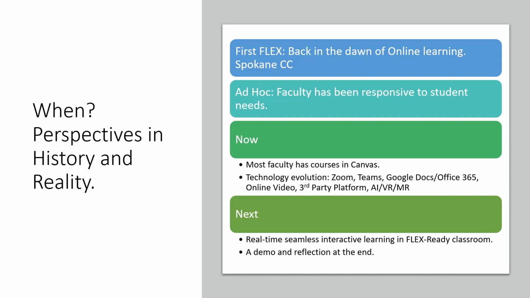So a little bit of perspective and history along with the reality. The first flex modality that I saw was around the late 1990s. Spokane Community College offered a few online sections.